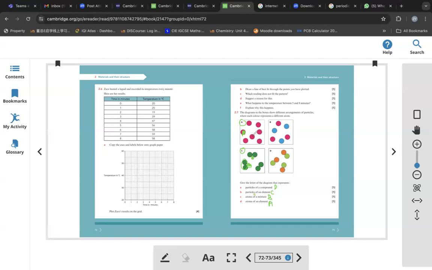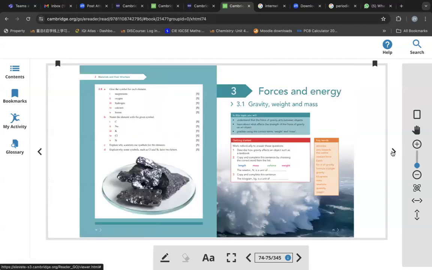So as long as you can differentiate between atom and particles. The other difference that you need to know is this one they form chemical bond. This one no chemical bond. That's why this one is mixture. This one is compound. Understand? All right. So you move on. Okay, so far I think okay. And then chapter 2 done. Okay, and then another one.